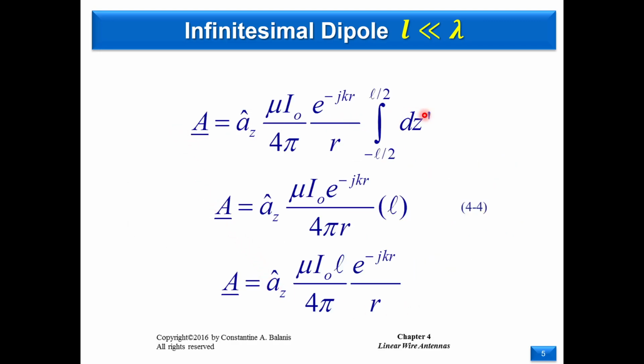Doing the integration we get this expression for A, which is expected: A is always in the direction of the current. The current is infinitesimally small, so the integration with respect to dl prime equals the length of this infinitesimal dipole. So L here is very small.